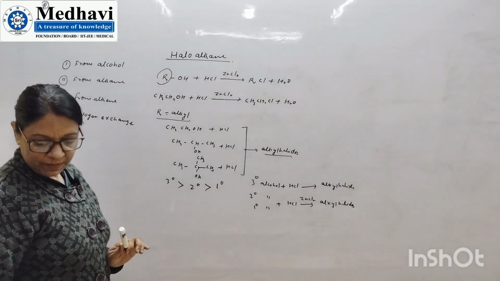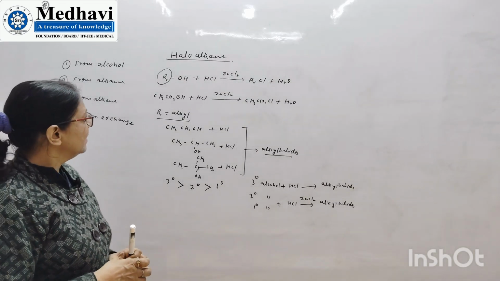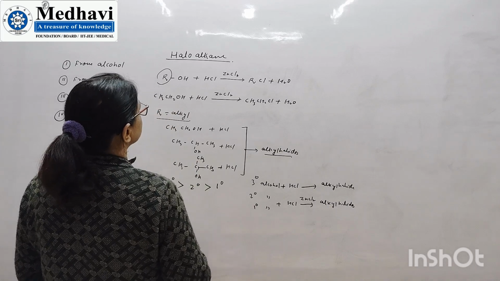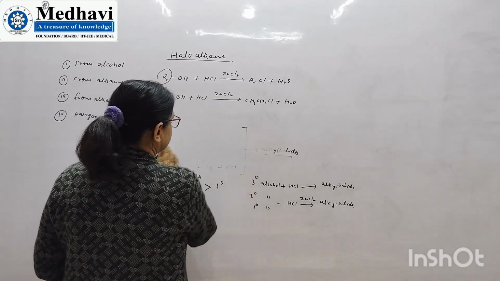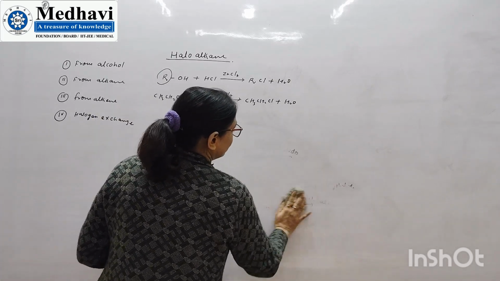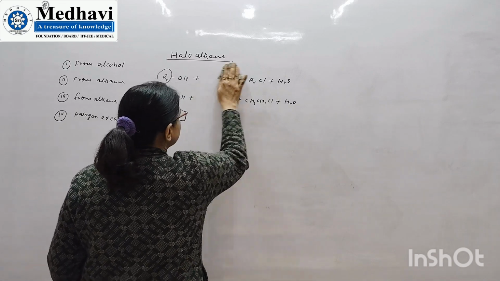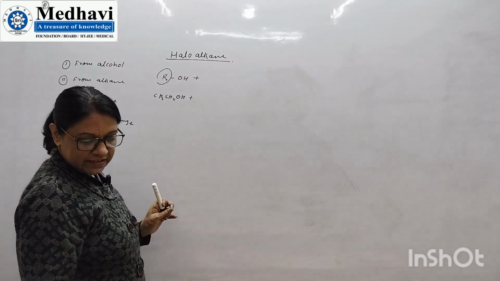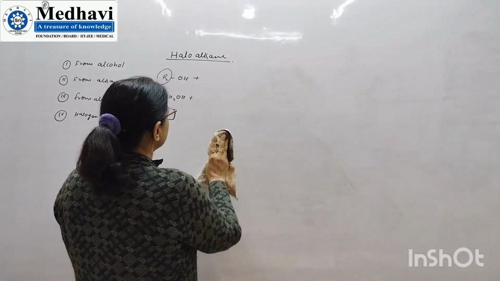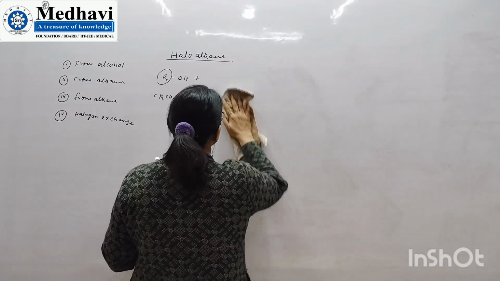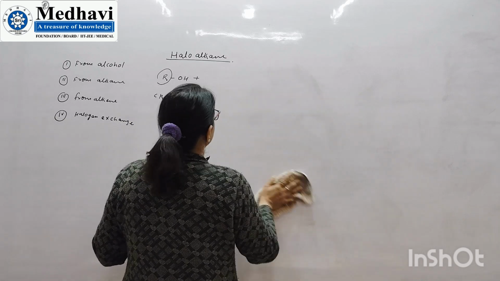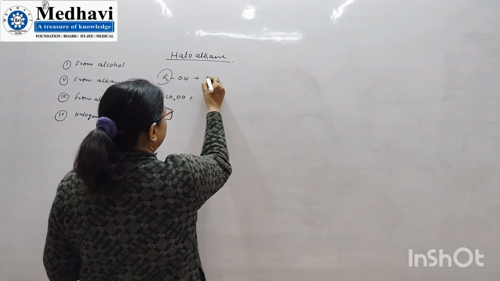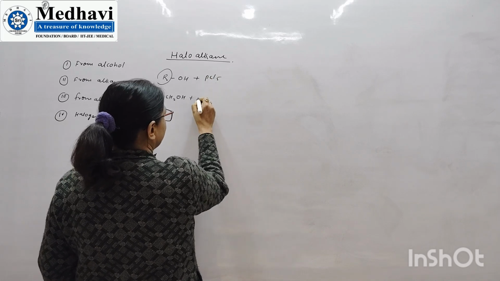The second method is preparation of haloalkane using phosphorus halides. Here we can use the reagent phosphorus halide, and 3 types of phosphorus halides can be used. The first is phosphorus pentachloride, PCl5.